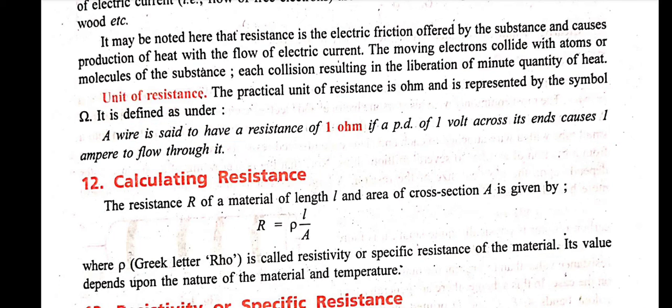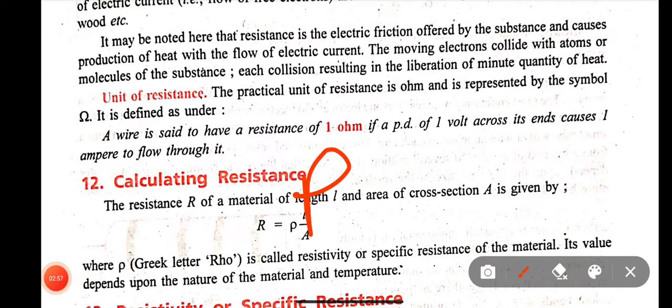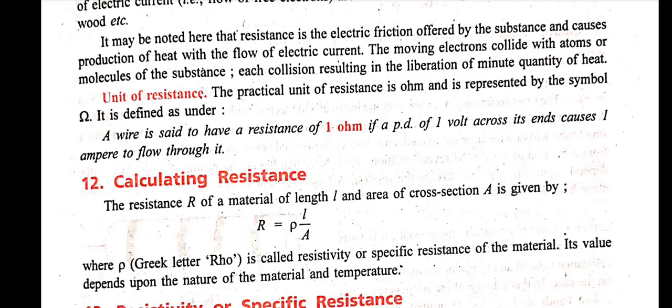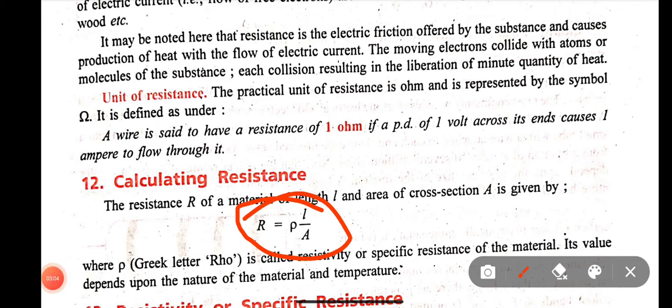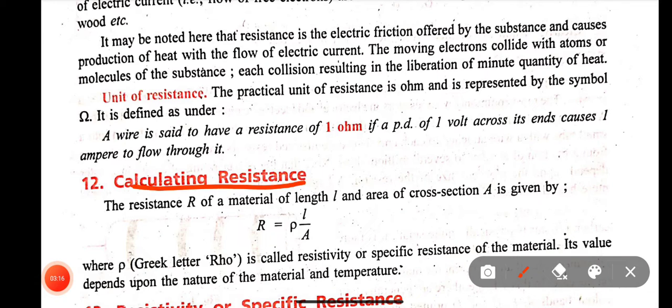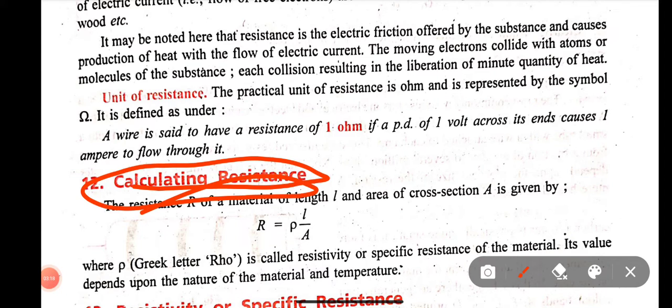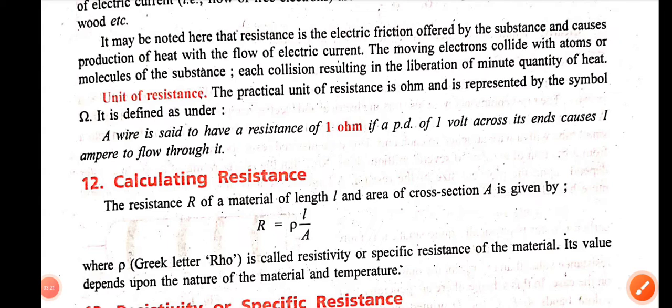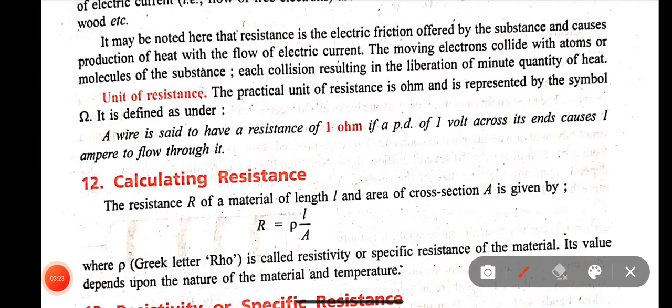Because, as we know, resistance R equals rho L upon A. Rho means resistivity, L is length, A is area, and R is resistance, right?